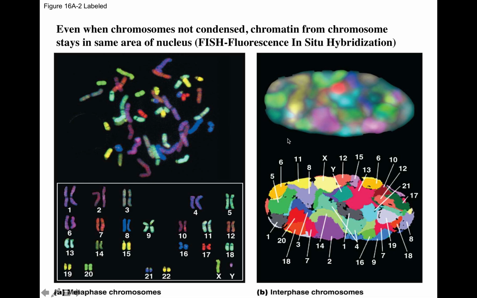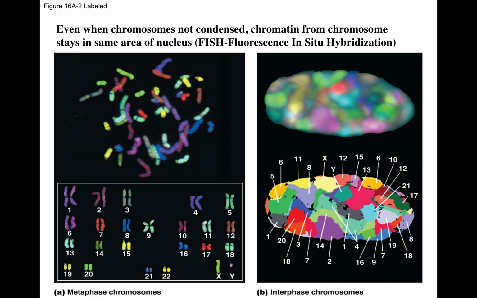This technique, where you can color features like this on DNA, is called FISH, or fluorescence in situ hybridization, where you have a fluorescent tag that has a color that a microscope can see, and that fluorescent tag is specific for a specific sequence. So then you have different colors for different sequences.